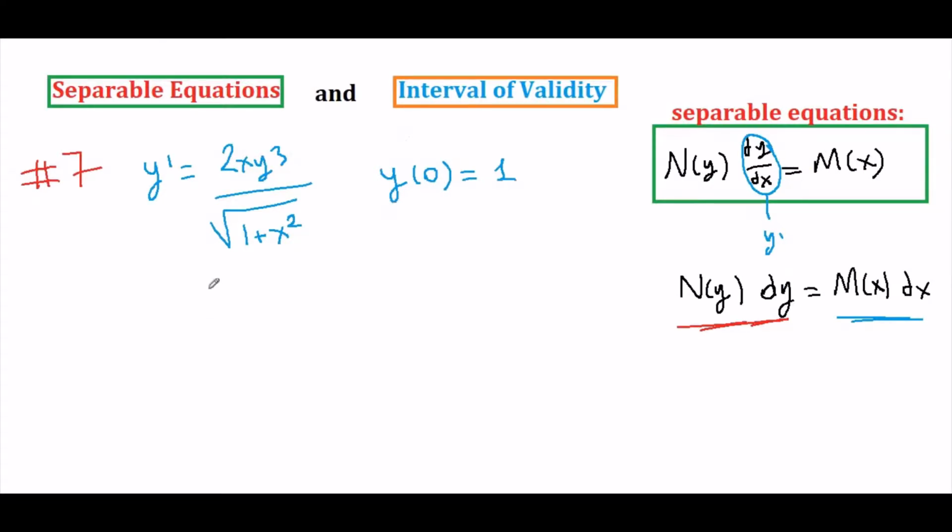Problem number 7. We have y prime equals 2xy cubed over square root of 1 plus x squared. And our initial condition is y of 0 equals 1. Here our first step is to convert y prime into dy dx.